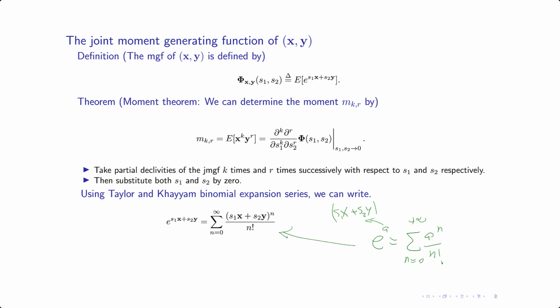Now, you also have another equation. If you remember, (a plus b) to the power of n is equal to the summation over k equal 0 to n of n choose k, a to the power of k, b to the power of n minus k. So this is the binomial polynomial, and this is the Taylor series expansion of an exponential function.